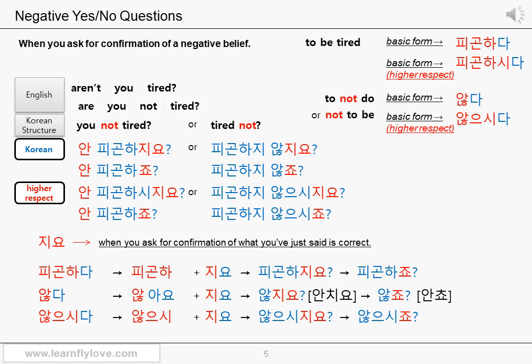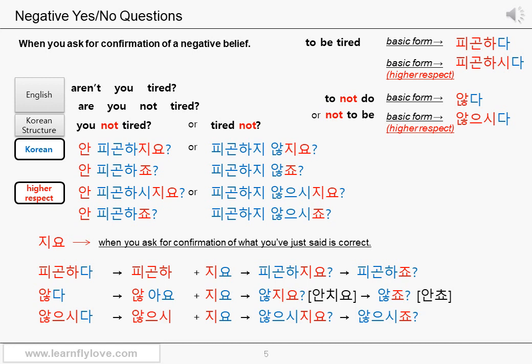You can forget about the concept of past participle or passive form in Korean. For example, in English, when someone is tired, you use the past participle to be tired. And when something is tiring, you use the present participle to be tiring. But there is no such concept in Korean.